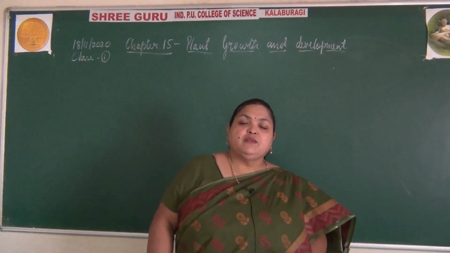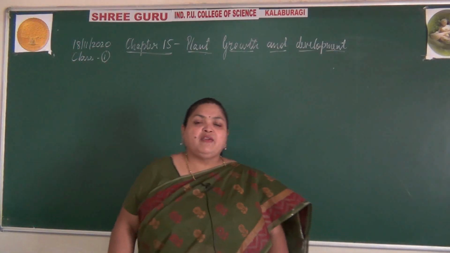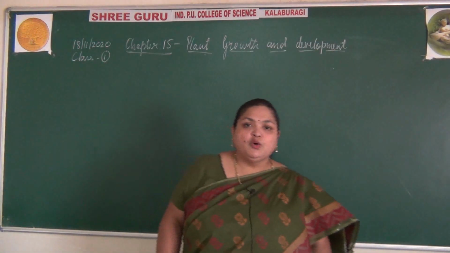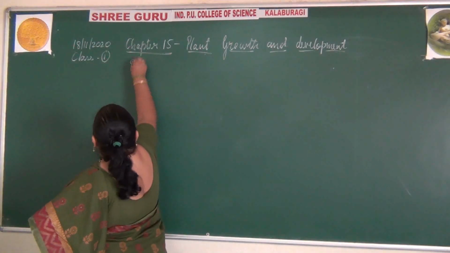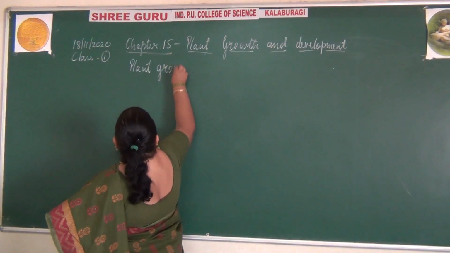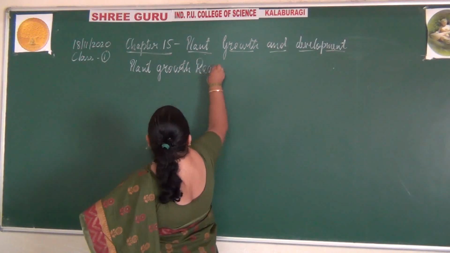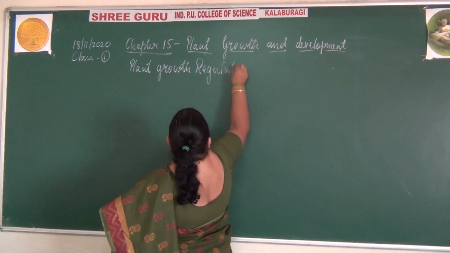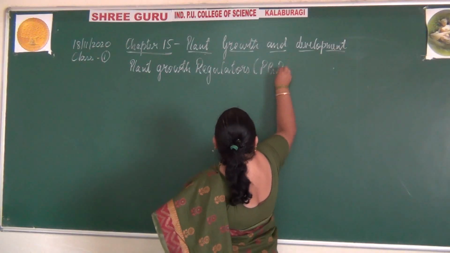So for this, the main substances are the hormones. Commonly we call them plant growth regulators, in short PGR.